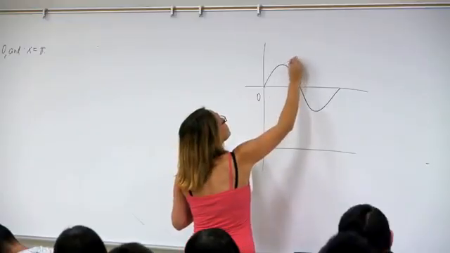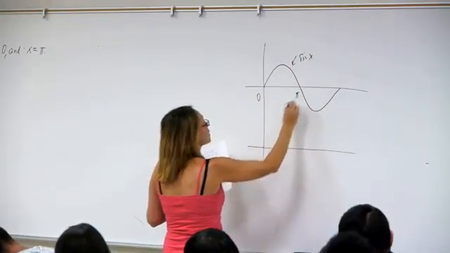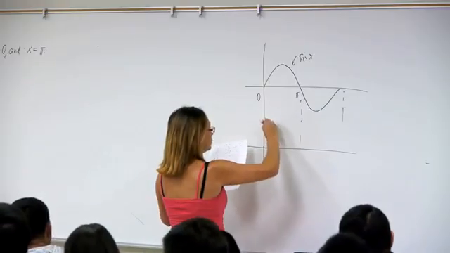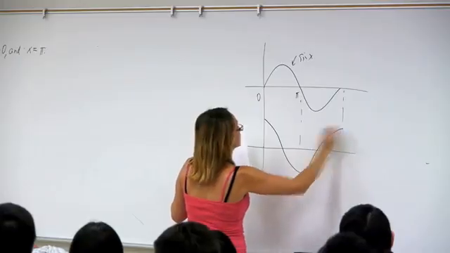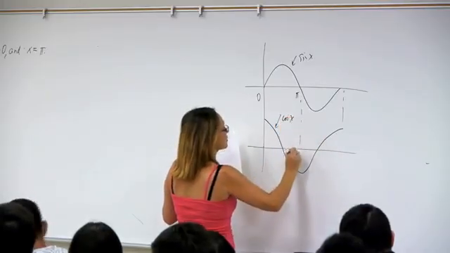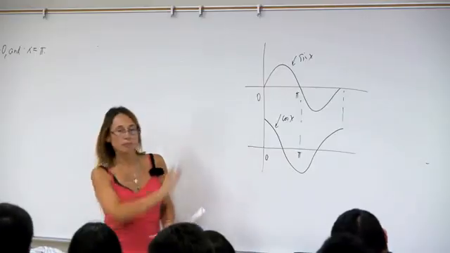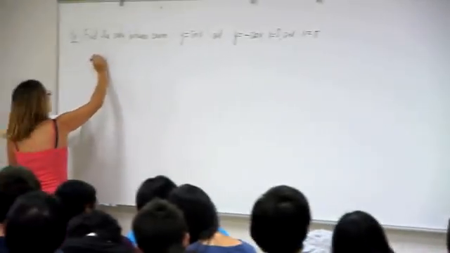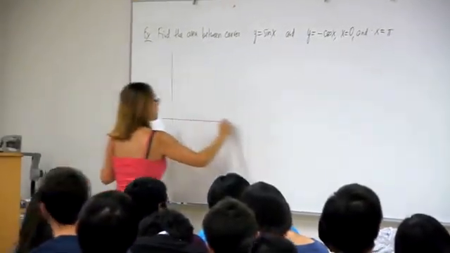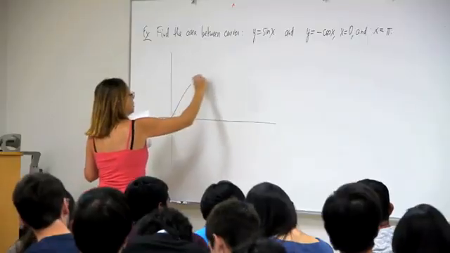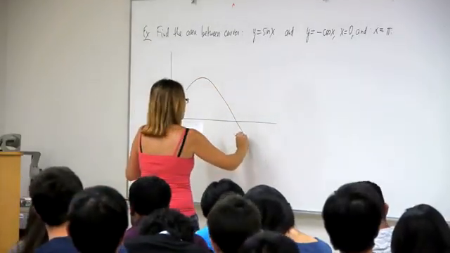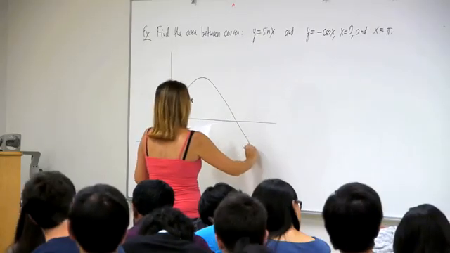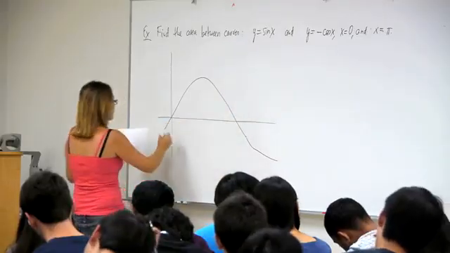So what does sine look like? 0, pi. This is sine x. Now cosine looks like this. So this is cosine x, this is pi, right? Just for your reference. Now my functions are sine and negative cosine.